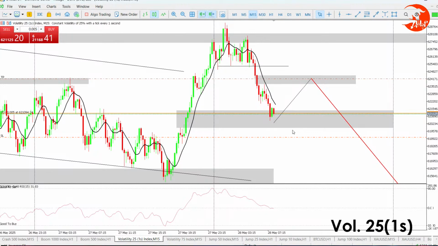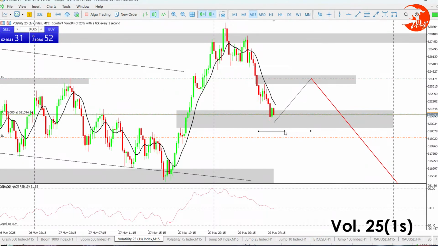I've not used this level down below, because price can actually try to look for stop losses right here. If it comes all the way down again, I can enter another trade.